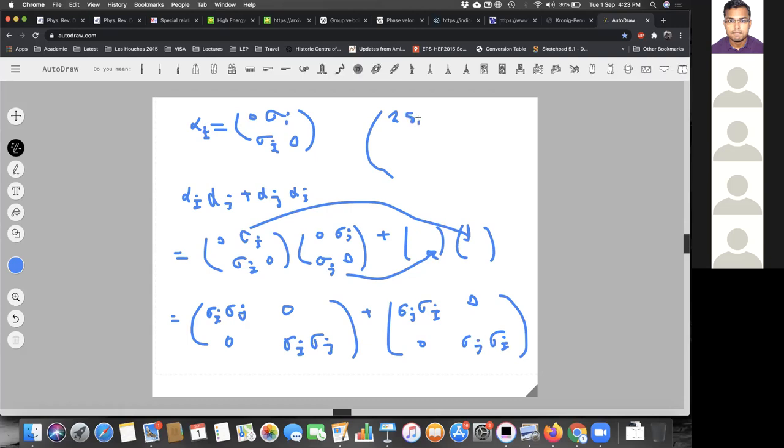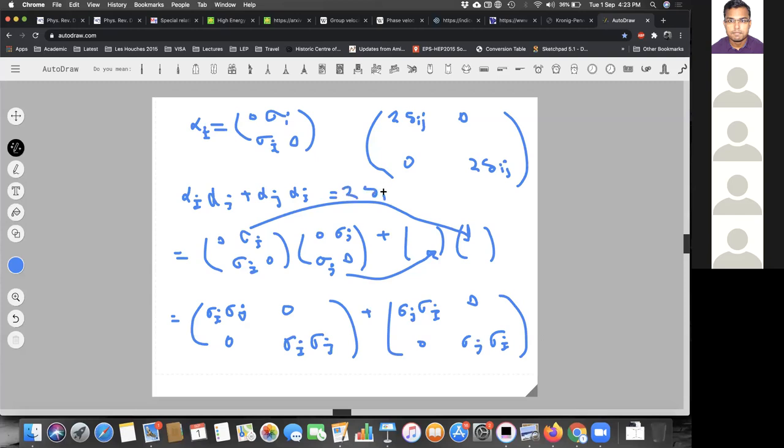Because sigma matrices satisfy this anti-commutation relation. That's why I took these sigma matrices. The last diagonal entry is sigma i sigma j plus sigma j sigma i. This is also twice delta ij. And if you take this twice delta ij common, then this relation will be twice delta ij times identity, right?